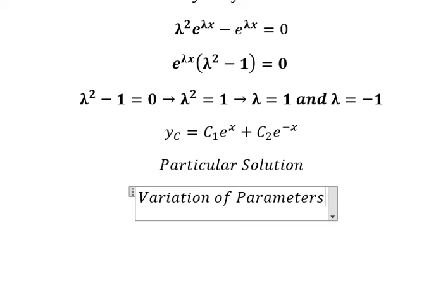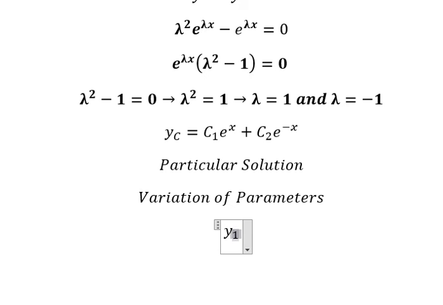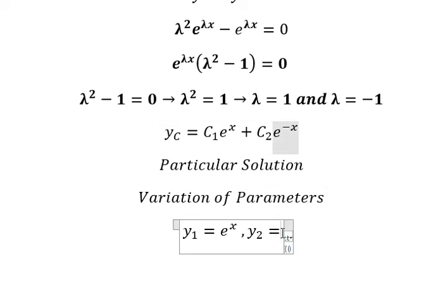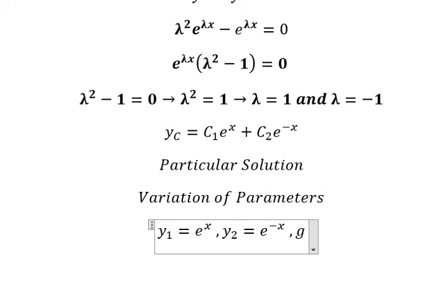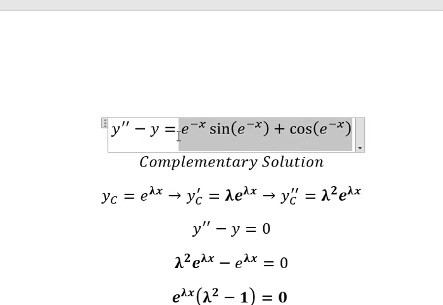So here I will put y1 equals e to the power of s, y2 equals e to the power of negative s, and g of s equals this one.